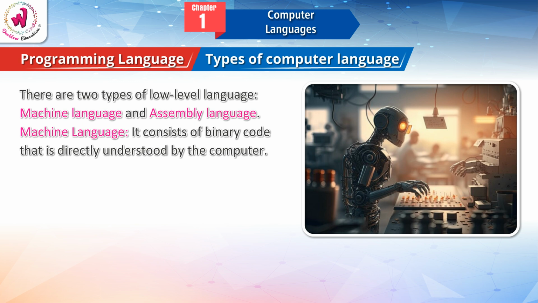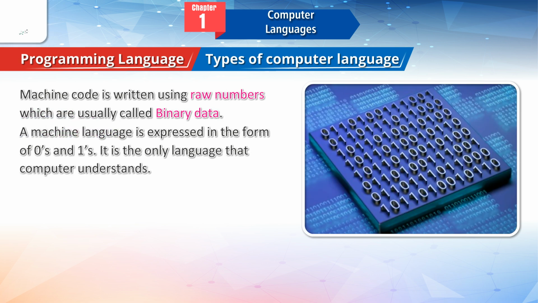Machine language. It consists of binary code that is directly understood by the computer. Machine code is written using raw numbers, which are usually called binary data. A machine language is expressed in the form of zeros and ones. It is the only language that the computer understands.